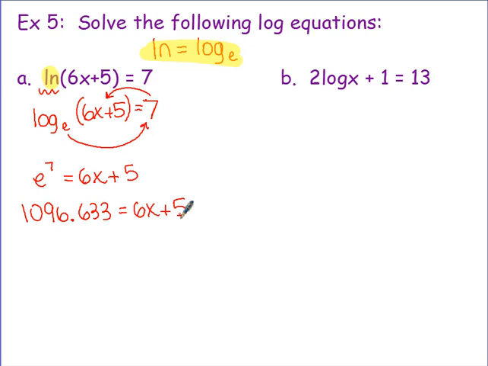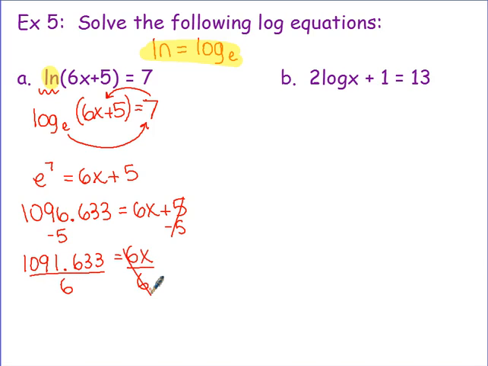Well, now we're just in algebra land. I need x by itself. I'm going to move my 5 first. So I'm going to subtract 5 from both sides. That leaves me with 1,091.633 equals 6x. I'm going to go ahead and divide by 6 to cancel those.